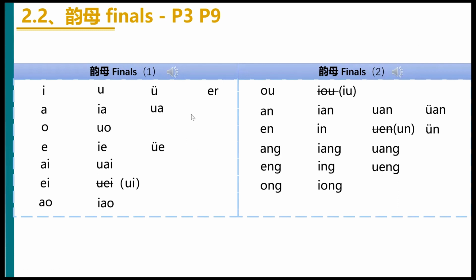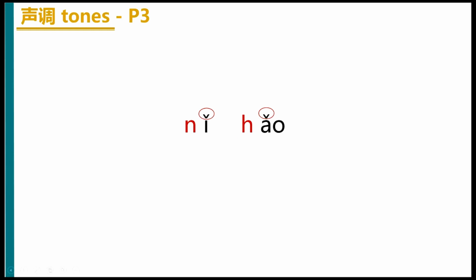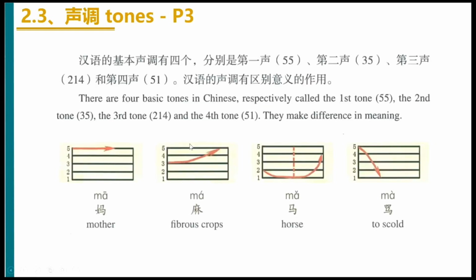Besides 声母 and 韵母, here we have a mark on the head of these alphabets, right? This mark is called 声调. There are 4 basic tones in Chinese. Different tones make different meanings.